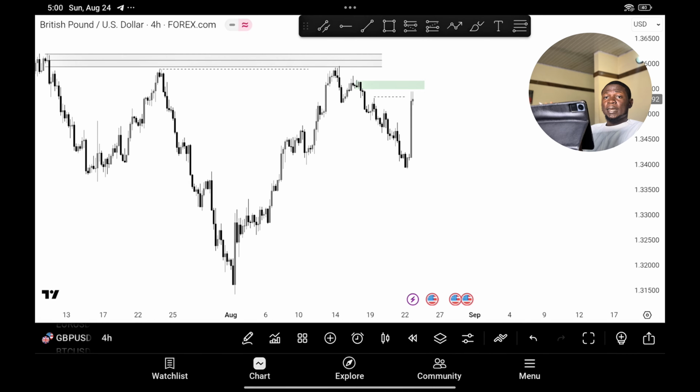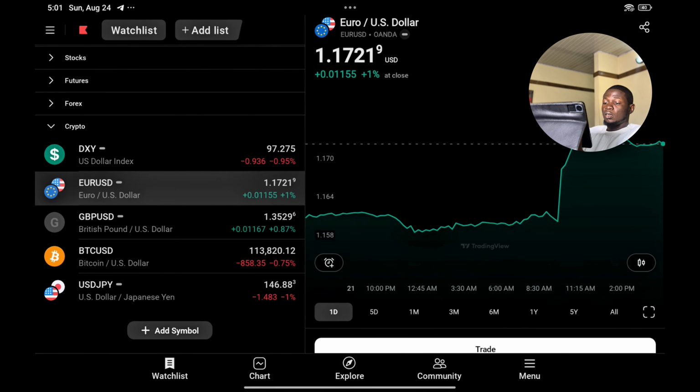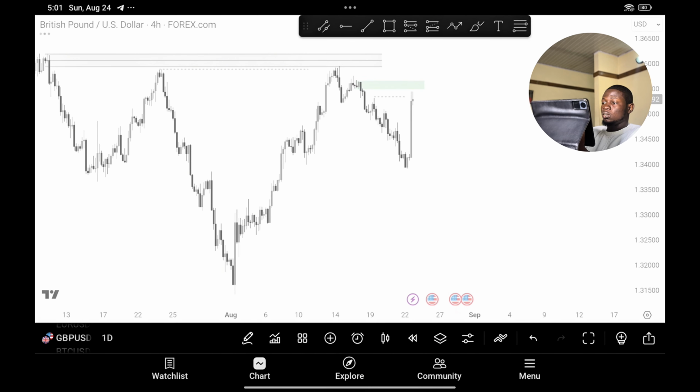Even in the daily outlook, I showed you guys the way GU is forming. It broke the trendline. The same thing with EURUSD.